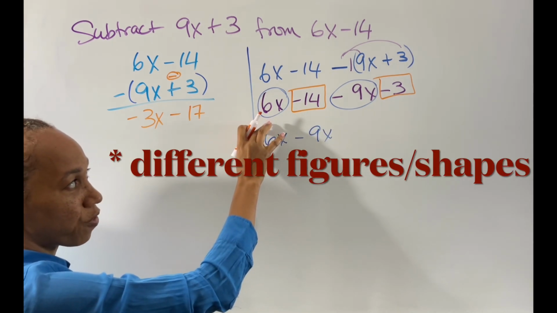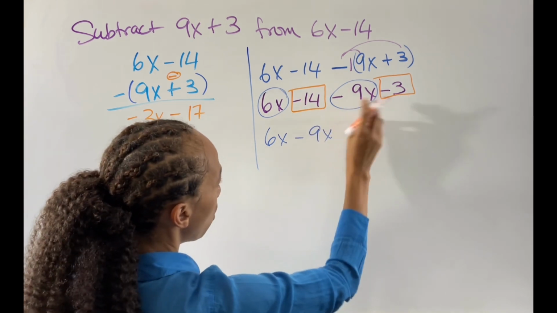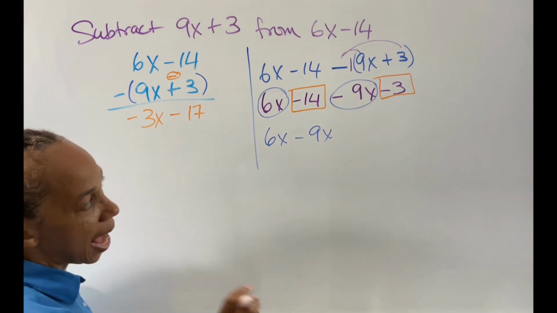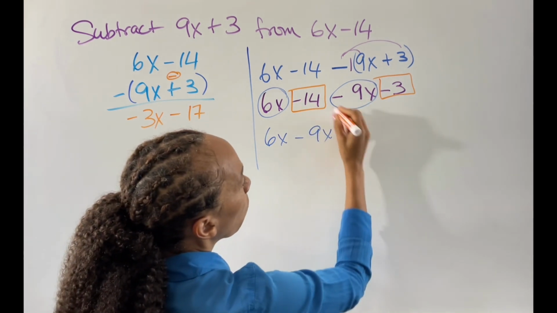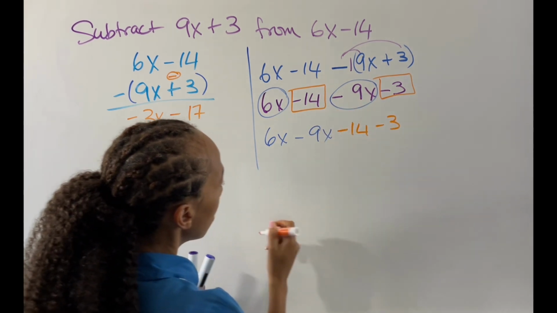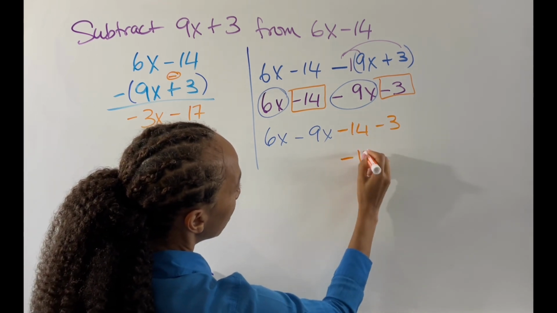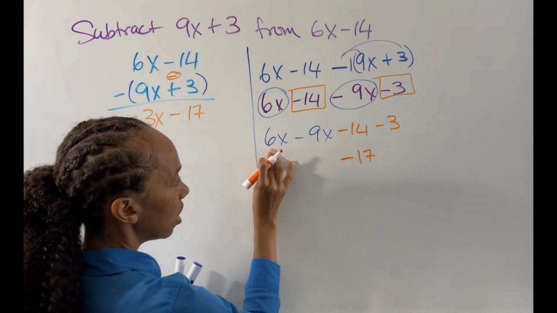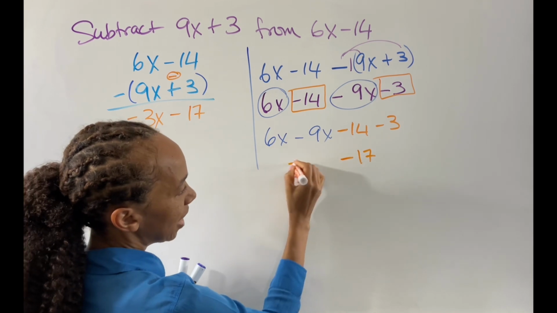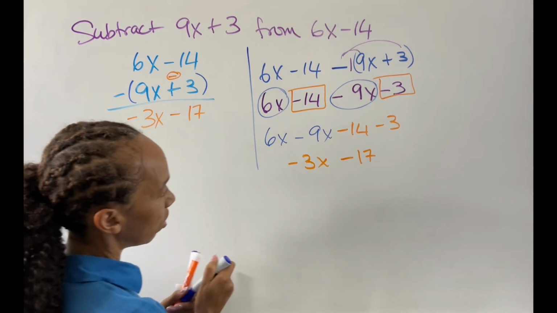Use circles first, and now I'm going to use the rectangle for my next two like terms. So negative 14 minus 3, putting these together, is negative 17, and 6x minus 9x is negative 3x, and that is your correct answer.